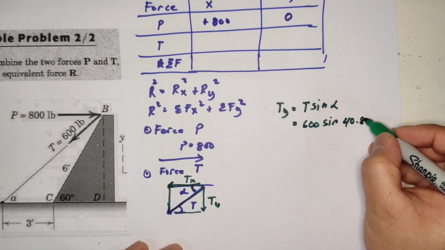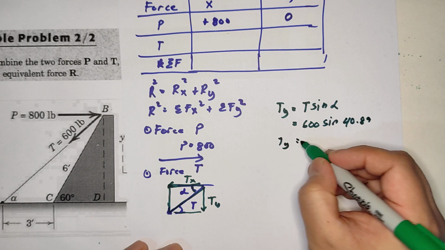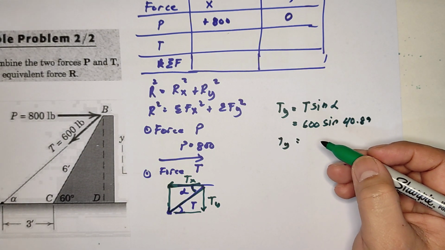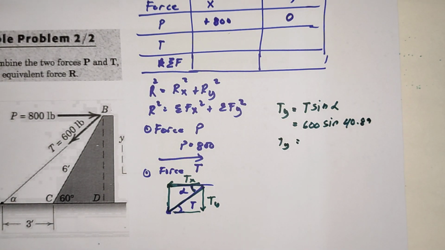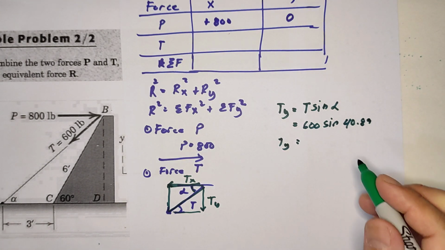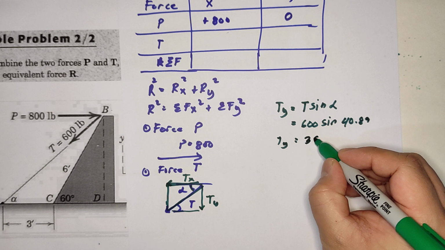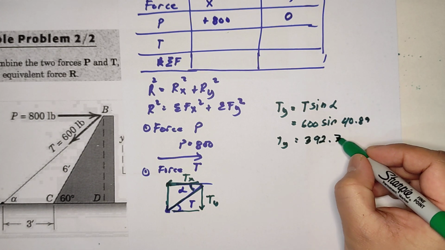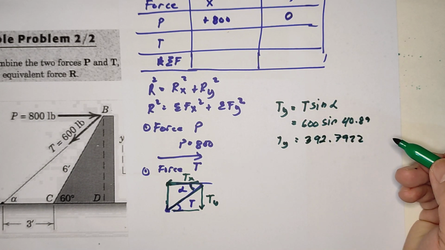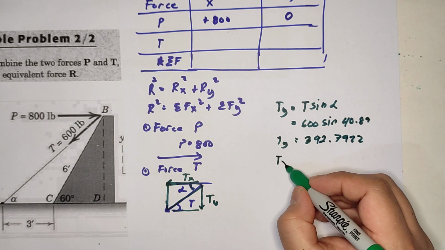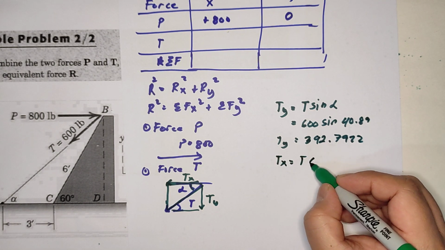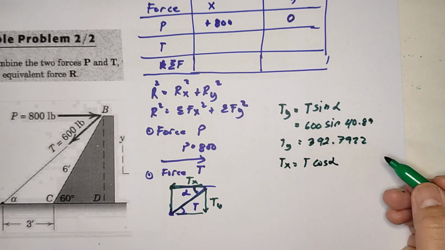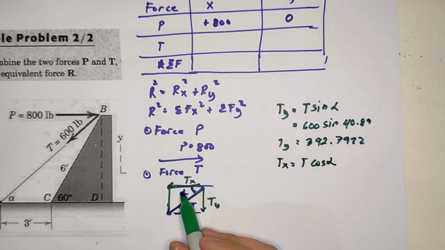which is 40.89 degrees. Then the Ty would be, let me see my notes, 392.7922. For the Tx, that is T cosine alpha, because Tx is adjacent.